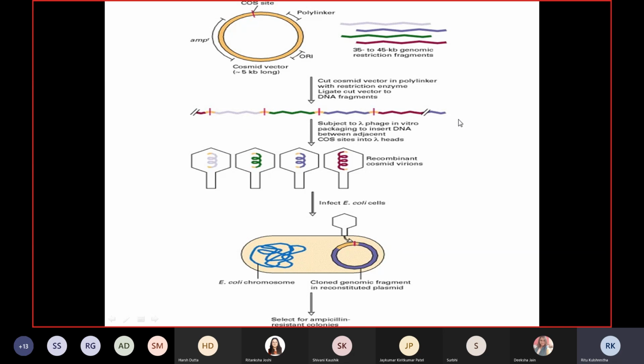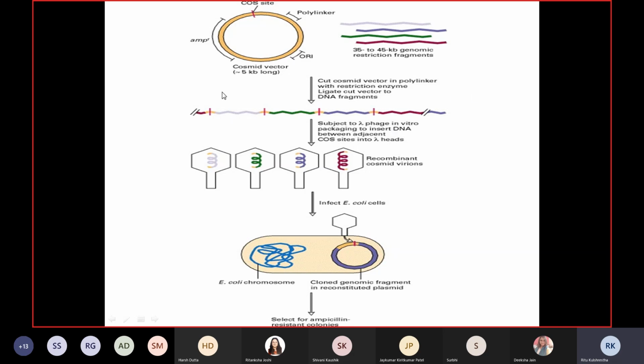So now after ligation, at the ends I have the plasmid or cosmid backbone with a cos site, and in between are my big DNA fragments that I cloned.